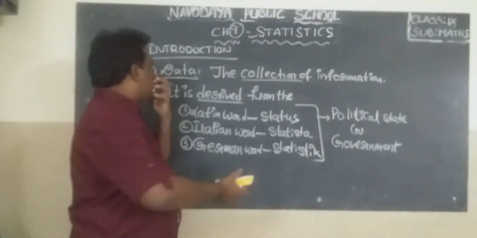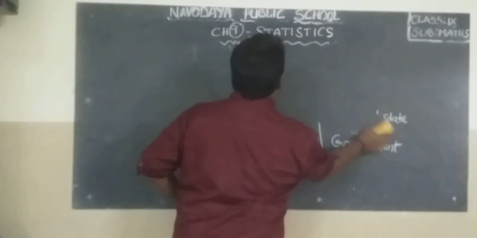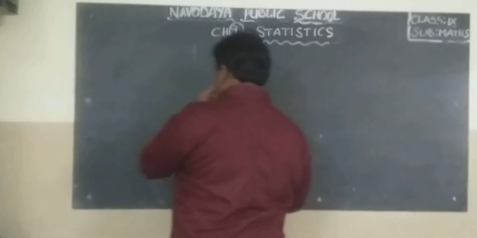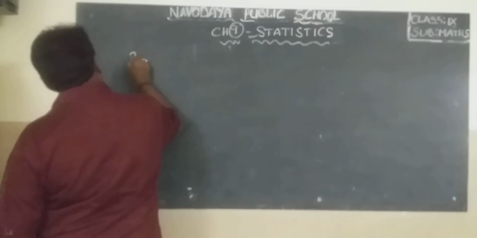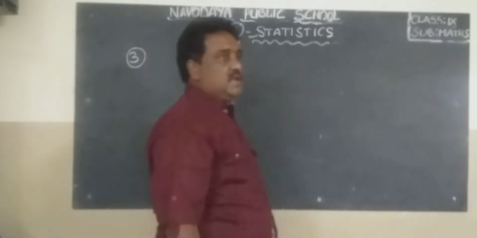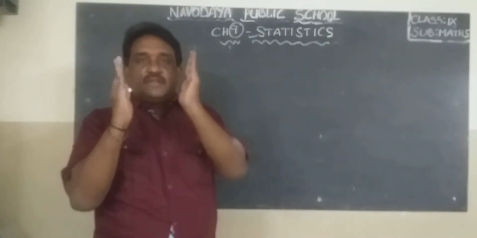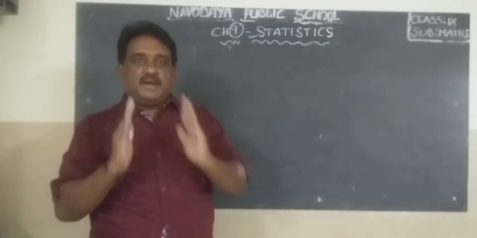Third point, what is the definition of statistics? Define statistics. Statistics definition: it is a branch of mathematics.